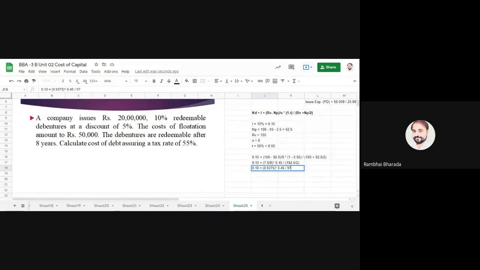97 point. 0.10 remains same. Now 0.9375 into 0.45 is 0.4218 upon 96.25. To the final calculation, 0.4218 upon 96.25.